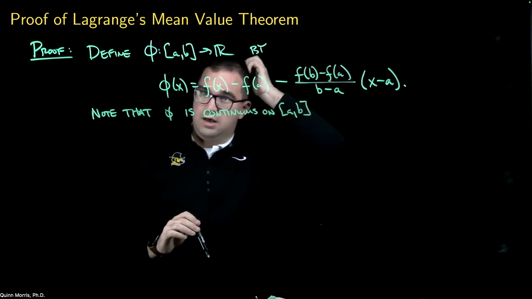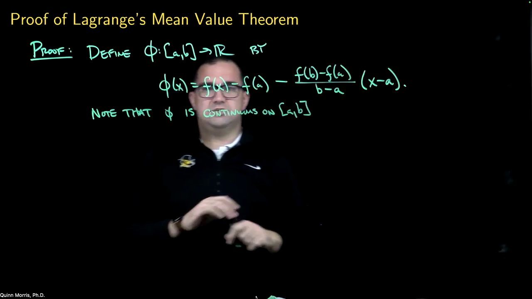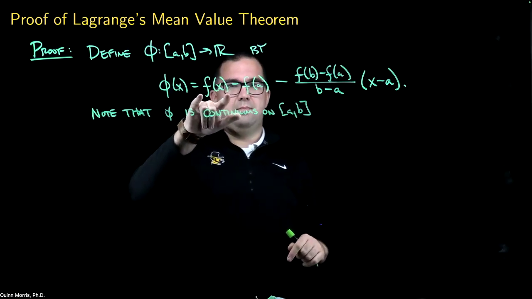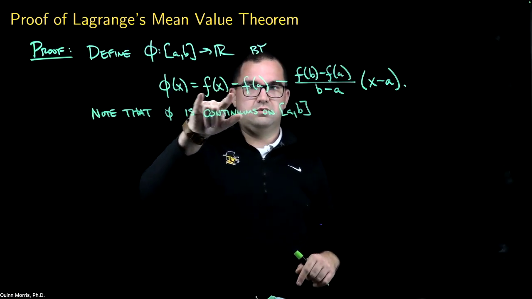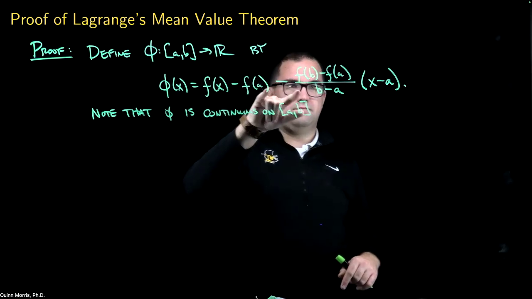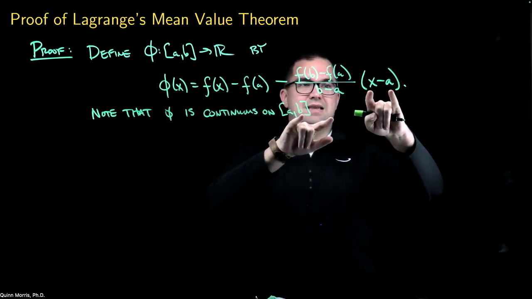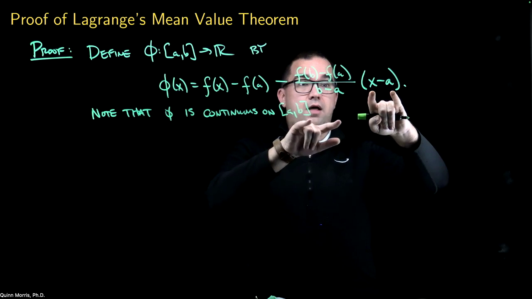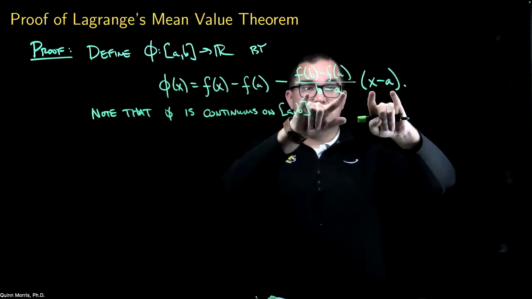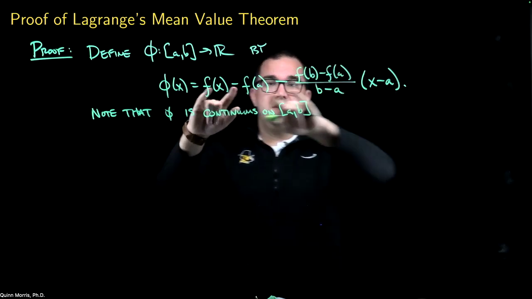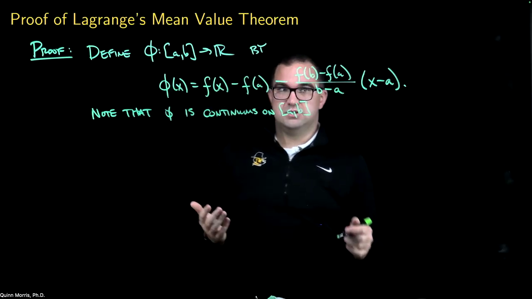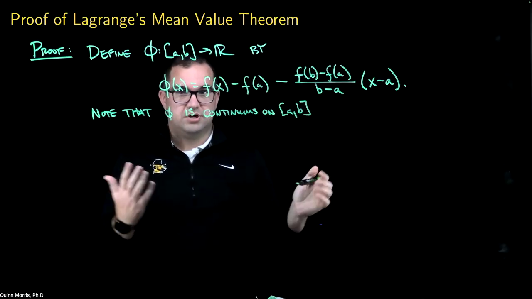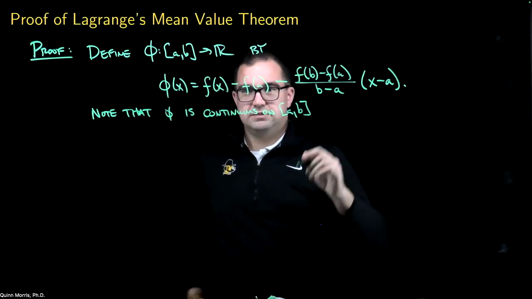So phi of x is just the sum of a continuous function, a constant, and a linear polynomial, which is continuous, times a constant. That will still be continuous. So it's just a sum of continuous functions, each of which is continuous on the closed interval [a, b]. So phi is continuous.